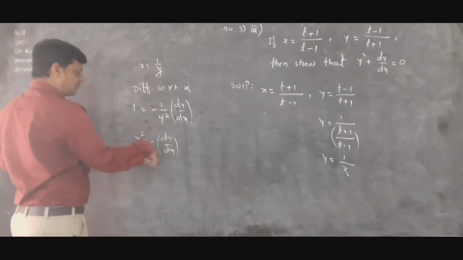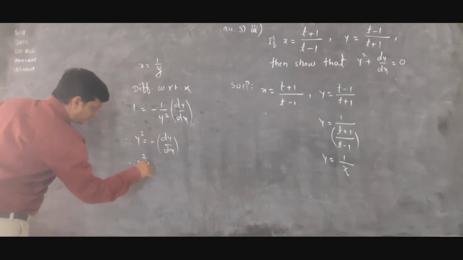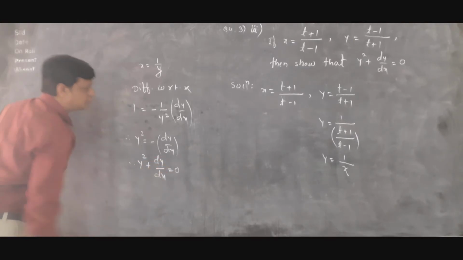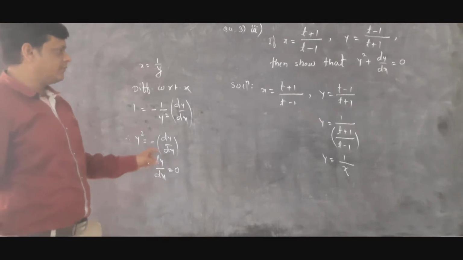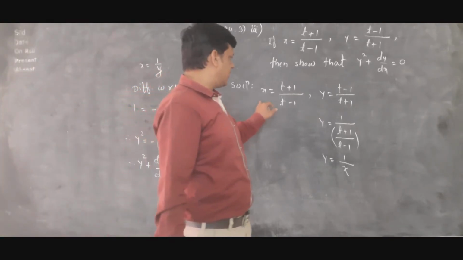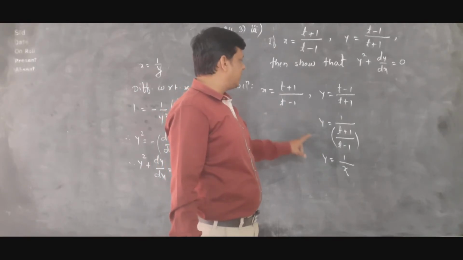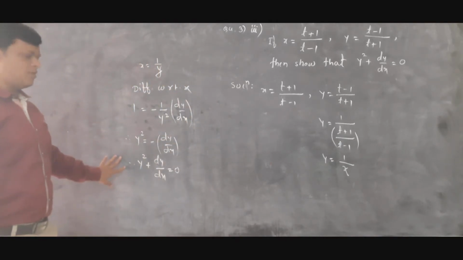Now transfer this minus dy by dx to the left hand side. We get y square plus dy by dx is equal to 0. That means the derivative is easy. You just have to convert x in terms of y or y in terms of x. That means indirectly we eliminate the parameter t first, then we differentiate with respect to x.